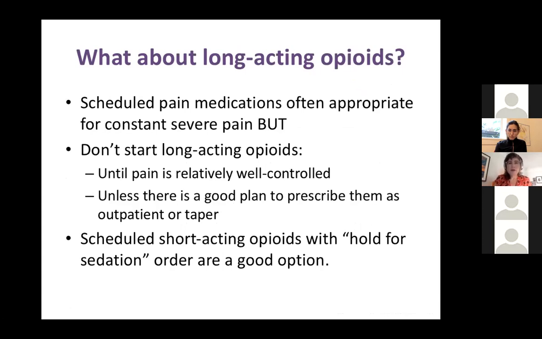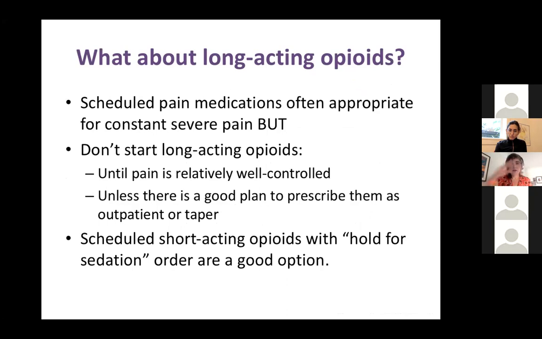So what about those long-acting opioids? I put Oxycontin as a choice on there. Scheduled pain medication is often appropriate for constant severe pain. Oxycodone every 4 hours, scheduled, hold for sedation. But don't start long-acting opioids unless the pain is relatively well controlled.